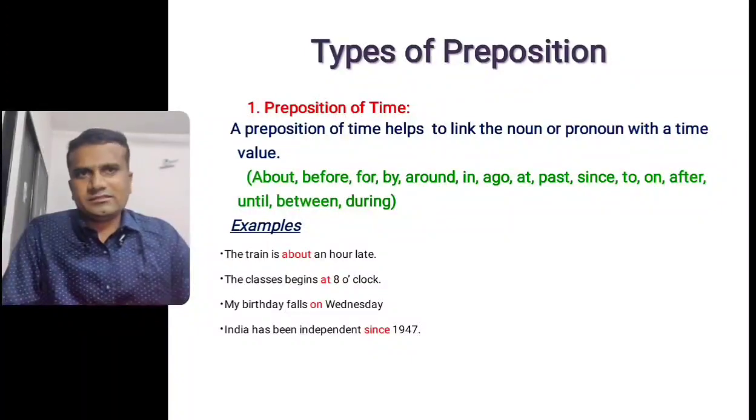Here since is also used to denote a specific time in the past. See, this is how prepositions of time are used in a sentence to talk about a particular time. That time may be of the past, present or future.